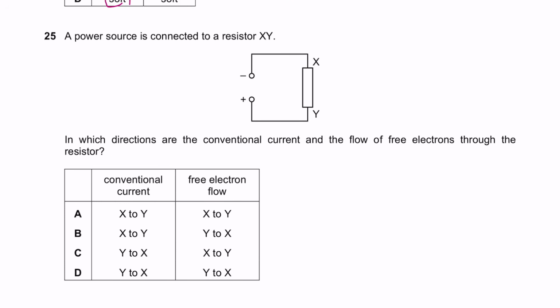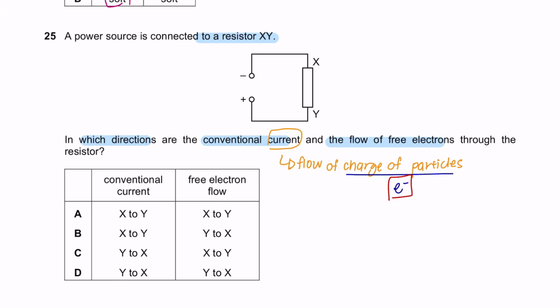Question 25. A power source is connected to a resistor XY. In which directions are the conventional current and the flow of free electrons through the resistor? Current is the flow of charged particles. In a circuit, these charged particles are known as electrons. Electrons are negatively charged, therefore they are attracted to the positive terminal of the circuit.